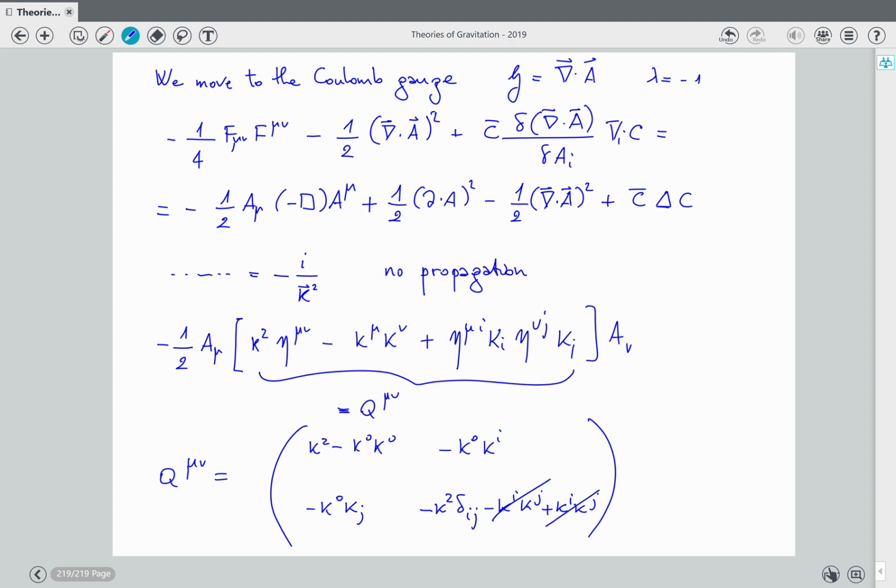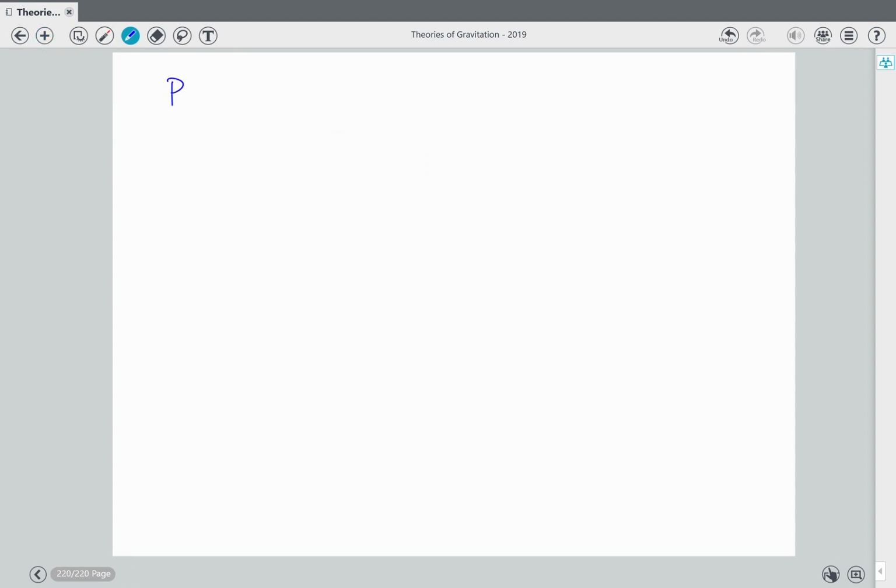So we have to invert this matrix to find the propagator. And what will be the form of the inverse? The form of the inverse P mu nu will be something here, something there times k with lower indices. Well, we have to be careful with the indices in the space part.